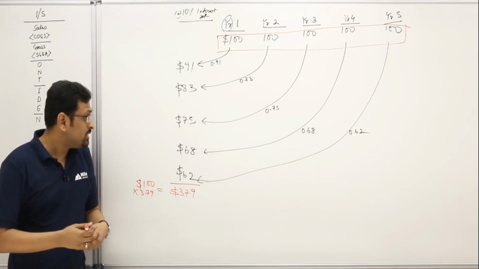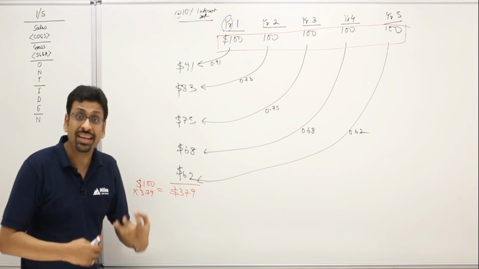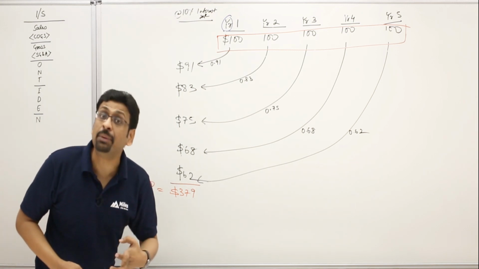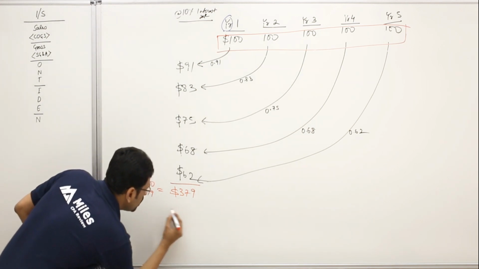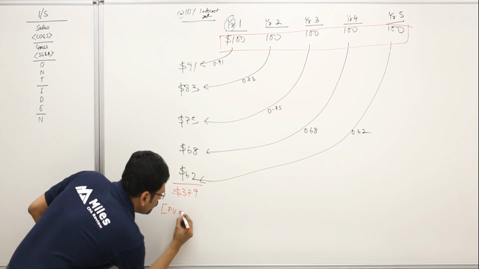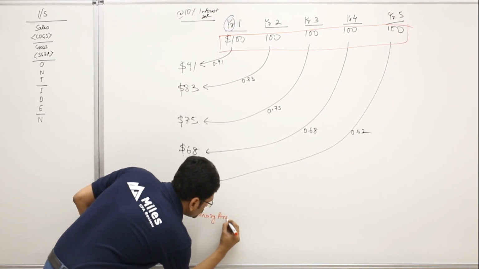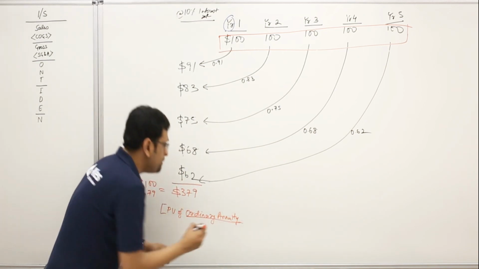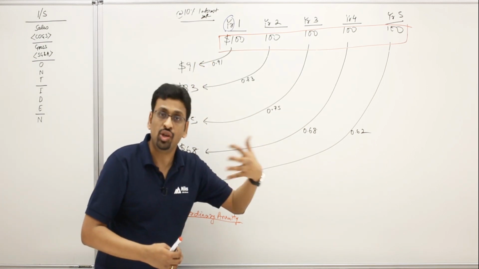Simple, easy. So guys, what you could say is the present value of an ordinary annuity of $1 for 5 years at 10% is 3.79. So let me write it. The present value of ordinary annuity. Now, we're calling it an ordinary annuity because the amount is coming in at the end of each year.